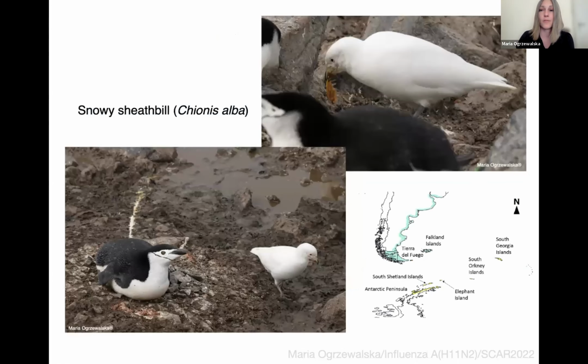And what is the question? How did this influenza come from South America to the Antarctic Peninsula, to the South Shetland Islands? For example, it could happen through the snowy sheathbill, because it migrates, spending the summer on the South Shetland Islands, and in winter it even goes to the south of Brazil.